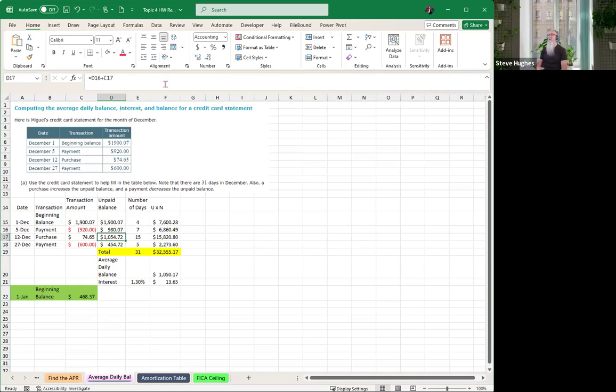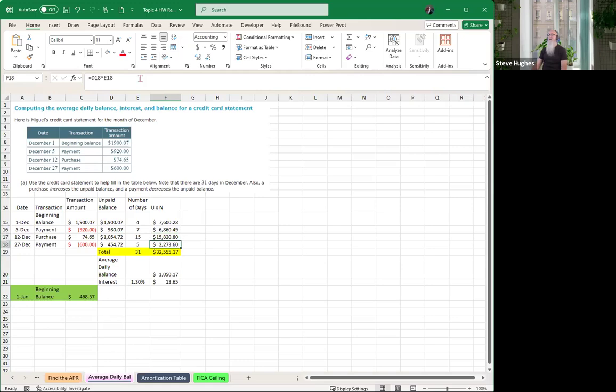And you can see again there the cell references. I just copied it from the cell up above it. Once I write a formula, I can copy and paste it. That being done, I have to count. From December 27 to December 12, that is 27 minus 12, which is 15 days. And I again multiply the unpaid balance times the number of days.